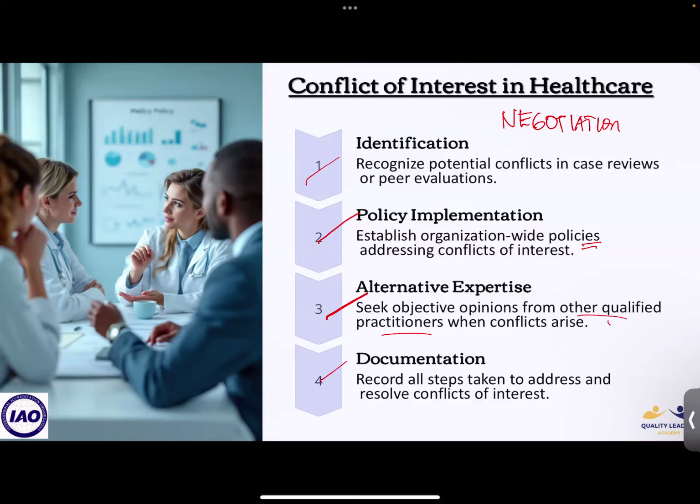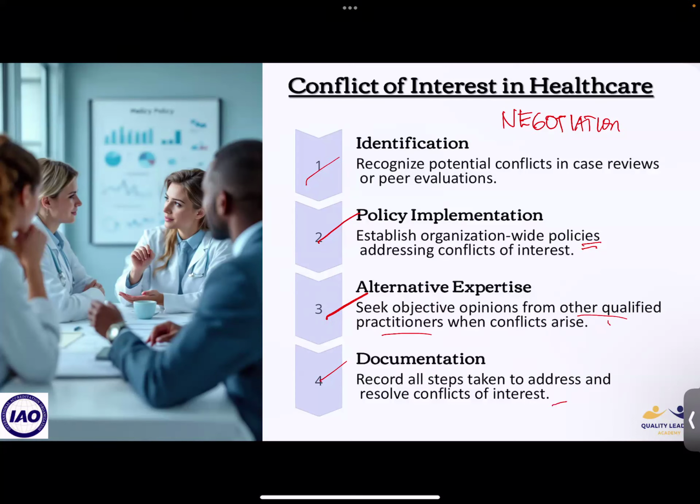And lastly, documentation. This one is critical because every step taken to resolve conflicts should be recorded. Why? Because it creates a paper trail of accountability and ensures transparency. Okay, and this one is recording all the steps taken to address and resolve conflicts of interest.